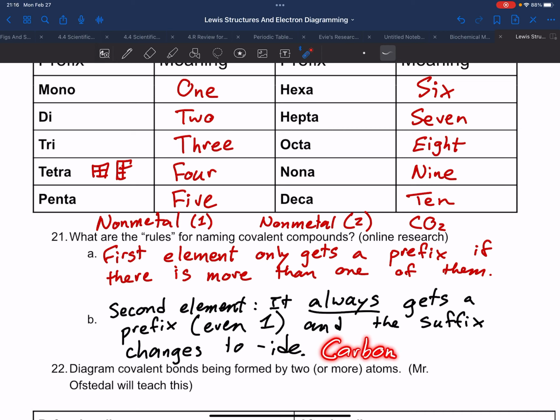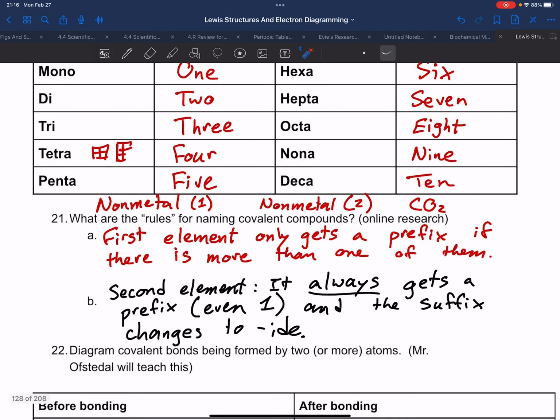Whereas in O2, there are two of them, meaning di, and then we change the suffix to IDE, so it's dioxide, carbon dioxide, CO2. So the name of carbon dioxide tells us how many of each of these elements there are in the compound.